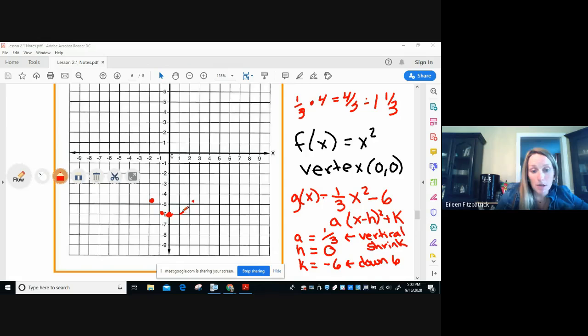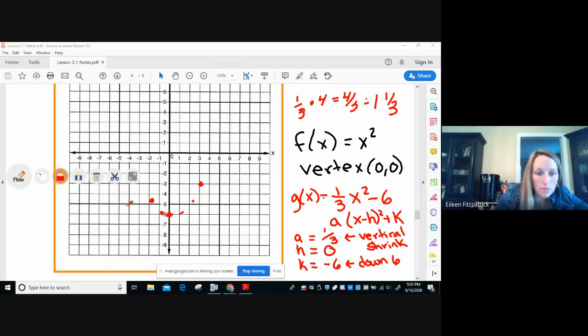Now I am going to keep going with the pattern because the next one works out nicely. If I go out 3, I normally would go up 9 because 3 squared is 9. But I only want to go up 1/3 of 9. 1/3 of 9 is 3. So it's going to be out 3, up 3. Out 3, 1, 2, 3, up 3.